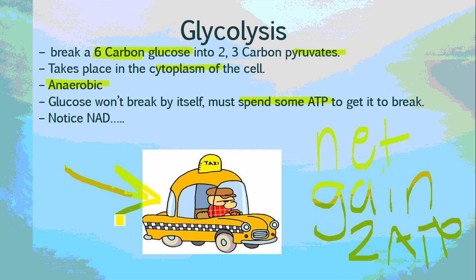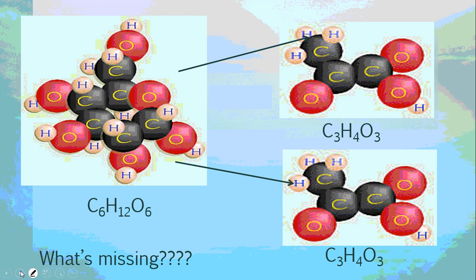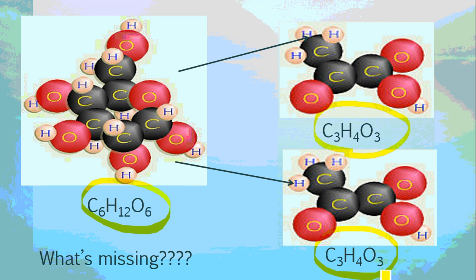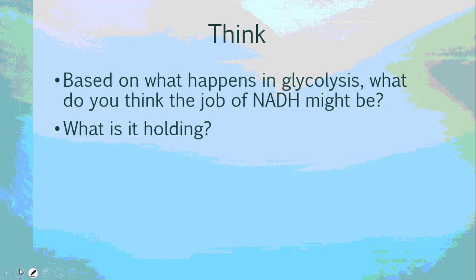This is the thing that carries the hydrogen ions and the electrons from glycolysis to the electron transport chain. Here we see the glucose being broken down into 2 pyruvates. But these 2 molecules here do not add up to equal that. What's missing? It's the hydrogens. Extra hydrogens fall off and are picked up by the NADH and taken to the electron transport chain.